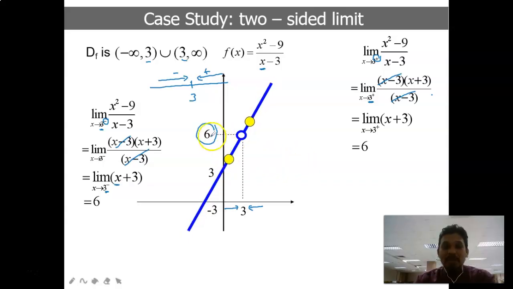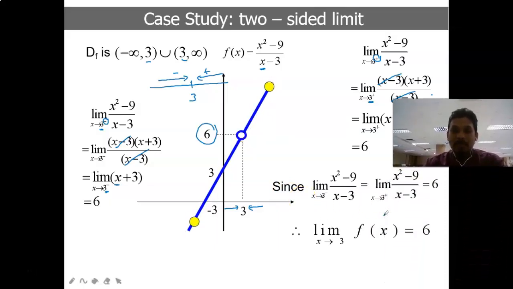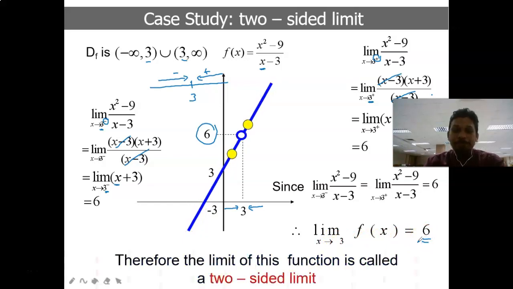This is not exactly 6 and not exactly 3, but the behavior of the graph approaches one value of y, which is equal to 6. So we can say that the limit of the function f(x) when x approaches 3 is equal to 6. A two-sided limit.